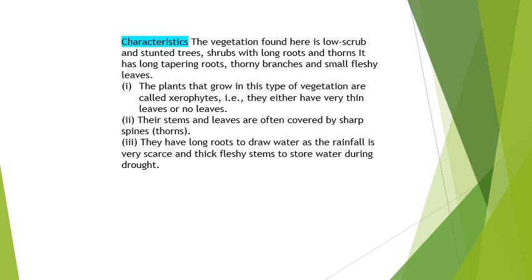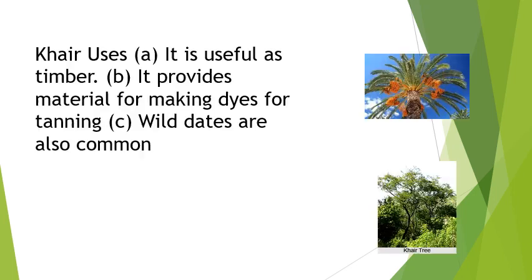They have long roots to draw water as rainfall is scarce, and thick fleshy stems to store water during the drought season. Now let's see the uses. Khair, it's the same uses which we had studied. It provides useful timber, it provides material for making dyes and for tanning purposes. Wild dates or khajur, they also grow in this area, you can see. So khajur, its fruit is also eaten, and the leaves are used for making mats and all, and the wood provides timber.